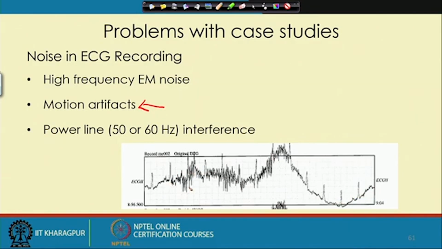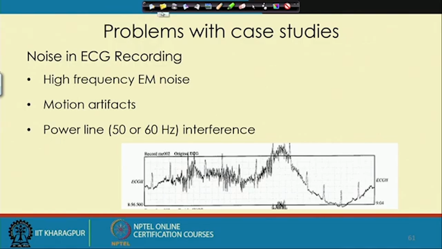Sometimes, because of the motion, there is an abrupt change and the baseline simply moves: we are in one place, suddenly it moves to another place, and it goes like that. All these things are baseline wandering, and it is caused by the motion, which is why it is called motion artifact.